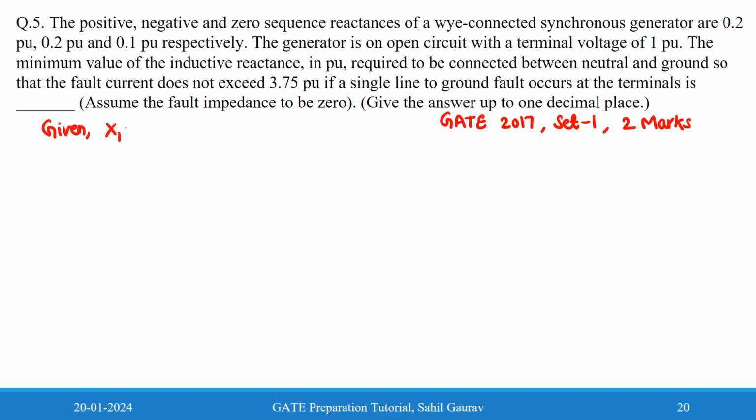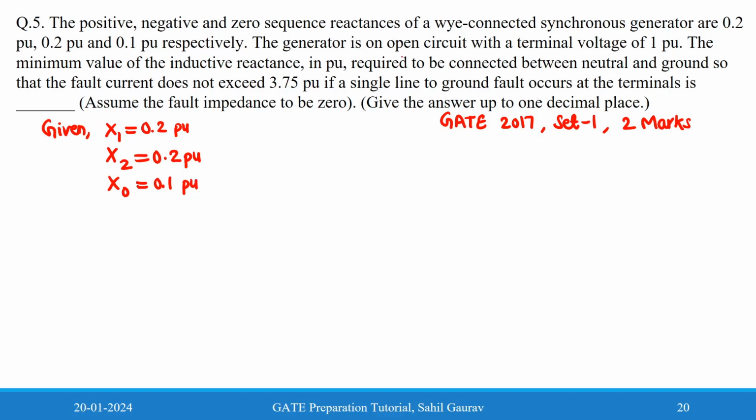Positive sequence reactance is given as 0.2 per unit and negative sequence is also 0.2 per unit and zero sequence reactance is 0.1 per unit.